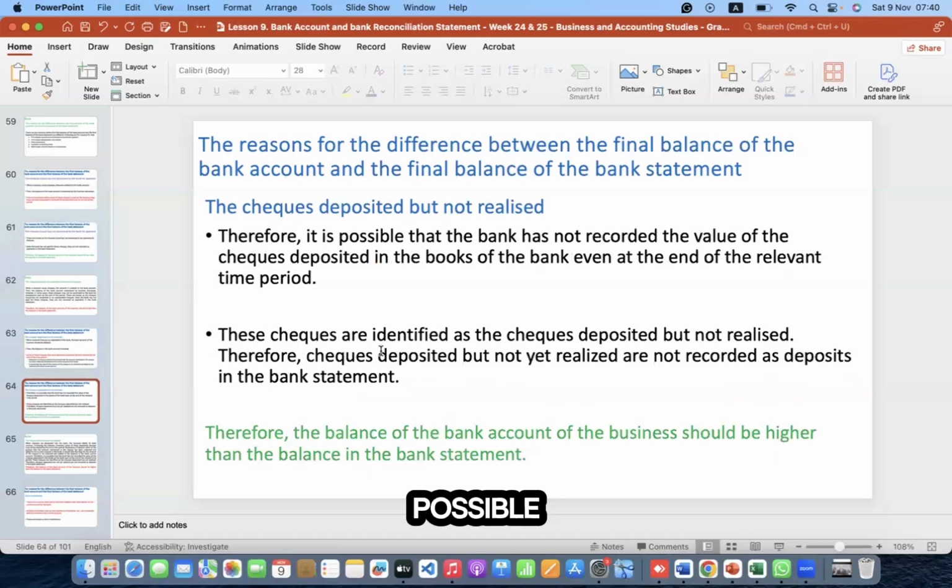So it is possible the bank has not recorded the value of the checks deposited in the books of the bank even at the end of the relevant time period. These checks are identified as the checks deposited but not realized. Therefore, checks deposited but not yet realized are not recorded as deposits in the bank statement. Therefore, the balance of the bank account of the business should be higher than the bank statement.